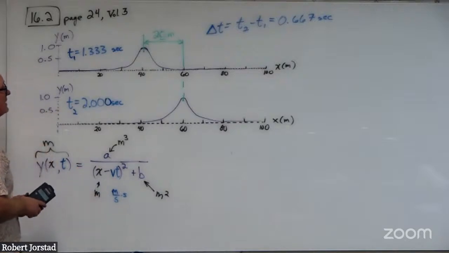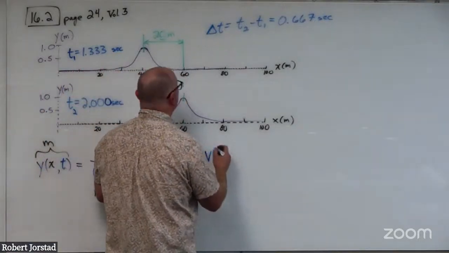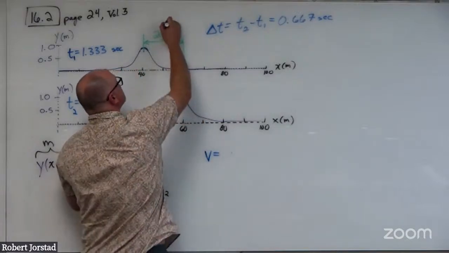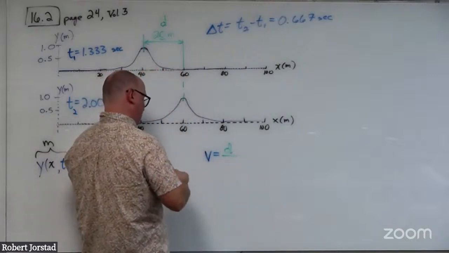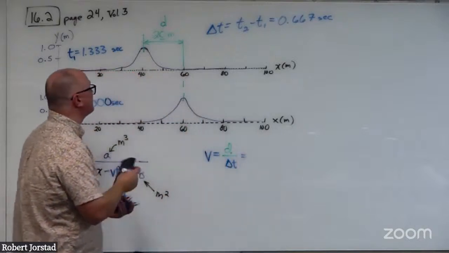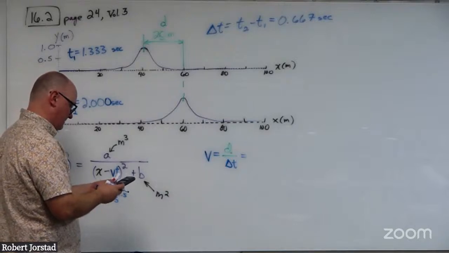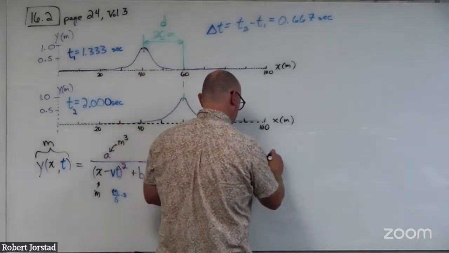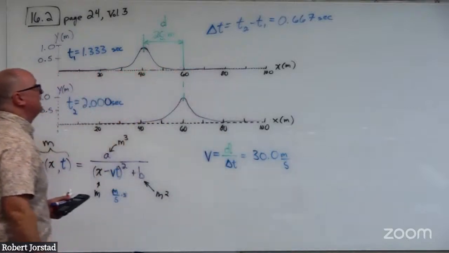So now we can get the wave velocity. This 20 meter distance, we'll call this D. It's just D over delta T, which in this case, 20 over 0.667.